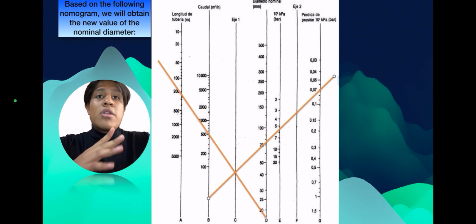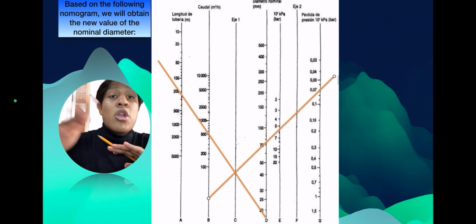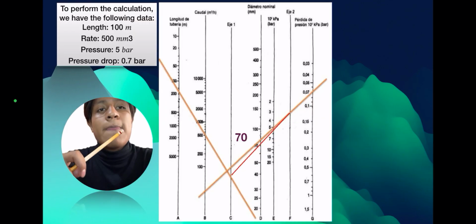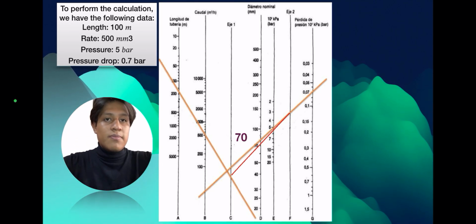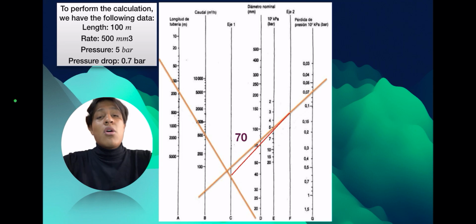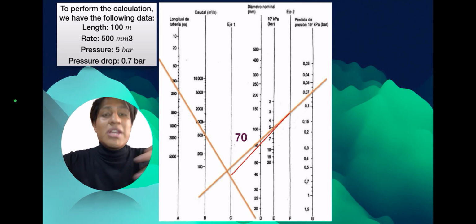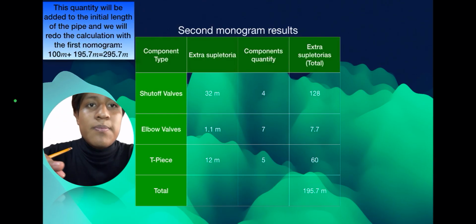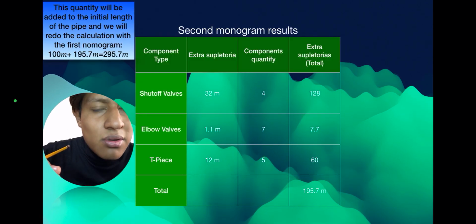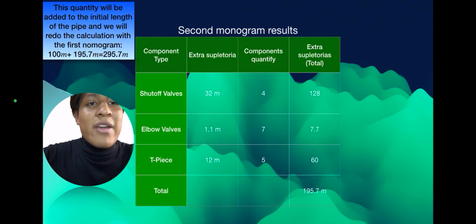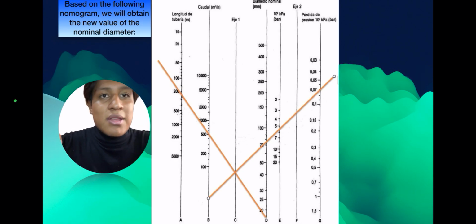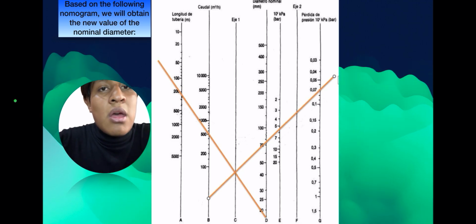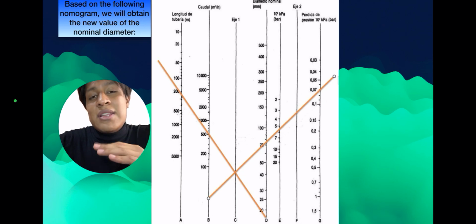Well, we're going to follow the rules, and then we have another result. Based on the following nomogram, we are going to obtain the new value of the nominal diameter. In the first one we have 70, that is because we have a length of 100, but it changed. Now our length is 195.7. So we are going to focus on the line. We're going to put the line, then do the same thing that we did in the first nomogram.